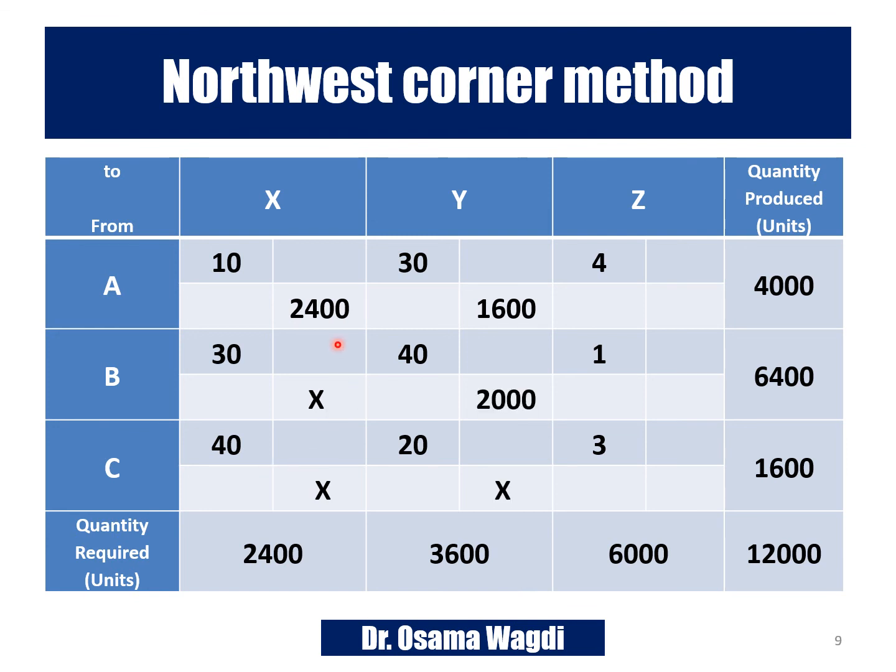When we made the comparison in cell AX between the numbers 2,400 and 4,000, we chose the least number, which is 2,400, and we subtracted it from 4,000, so we remain with 1,600. So this number, we will make a small line above it and write down 0 because it's over.